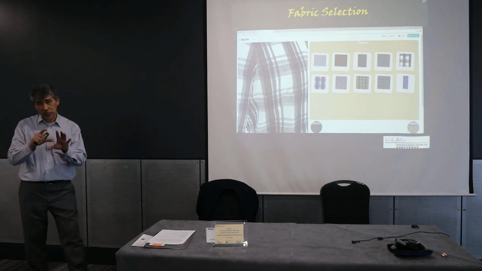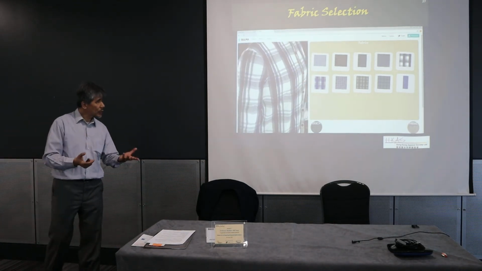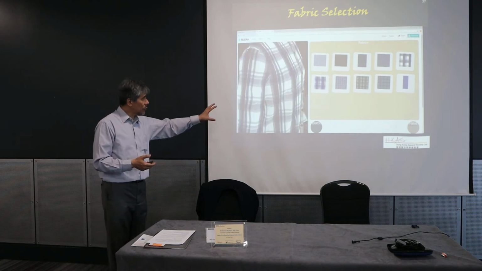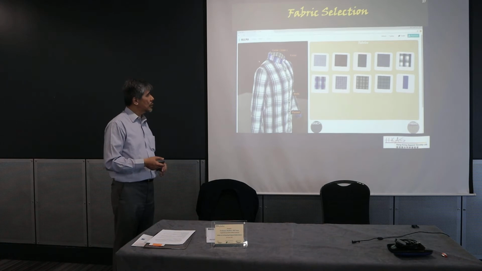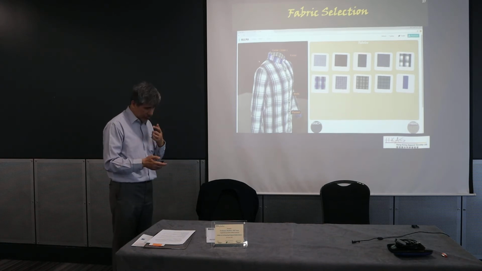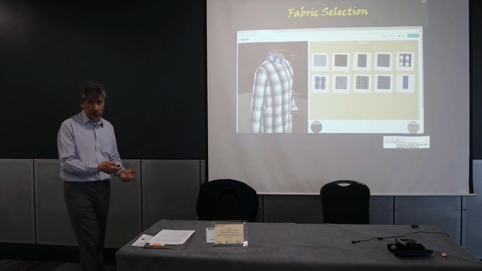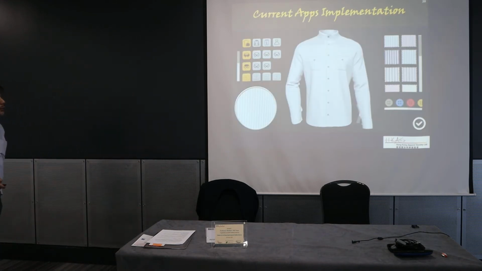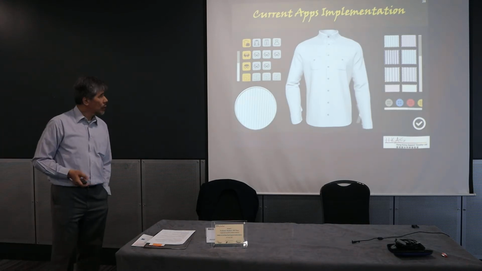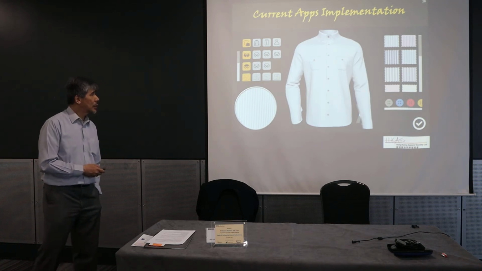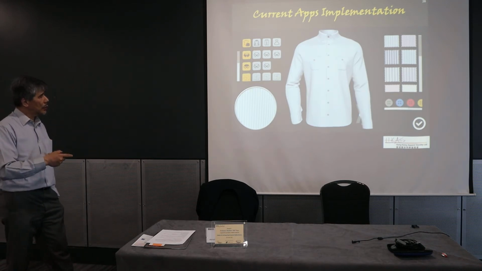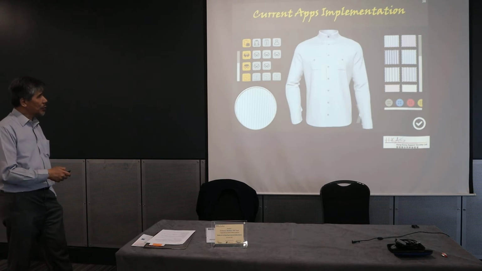This is the same style, but the point is that you will be able to choose different fabric, and you can add different pockets to it, or whatever. You can choose different collar types or different cuff types, and that is all done in 3D. So I'll show you this app later on, all right? It can run on iOS and Android, basically. So it is basically designed for a B2C type of operation.